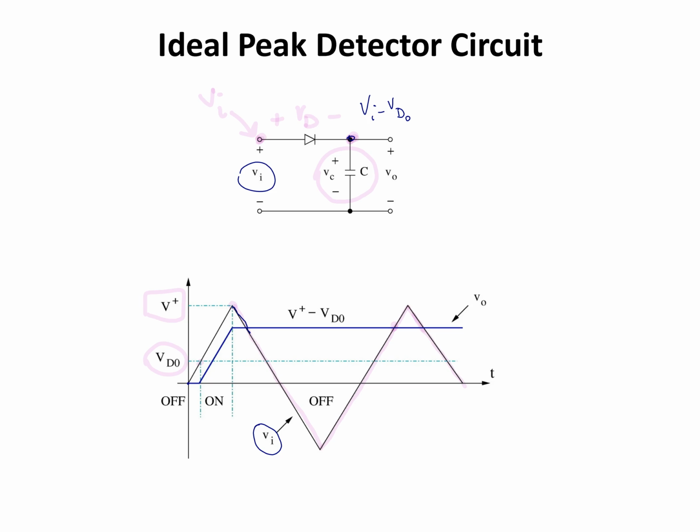So as you can see in this plot, after the capacitor is charged to a maximum value of V peak minus VD naught, the diode is going to stay off, and the voltage at the output is going to stay at a constant value of V peak minus VD naught.